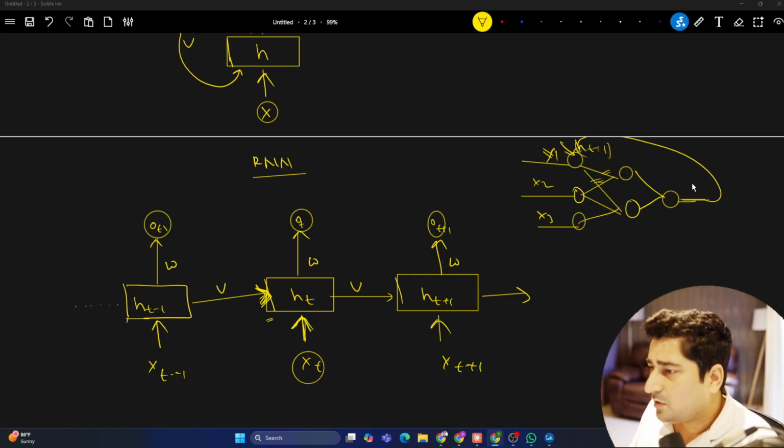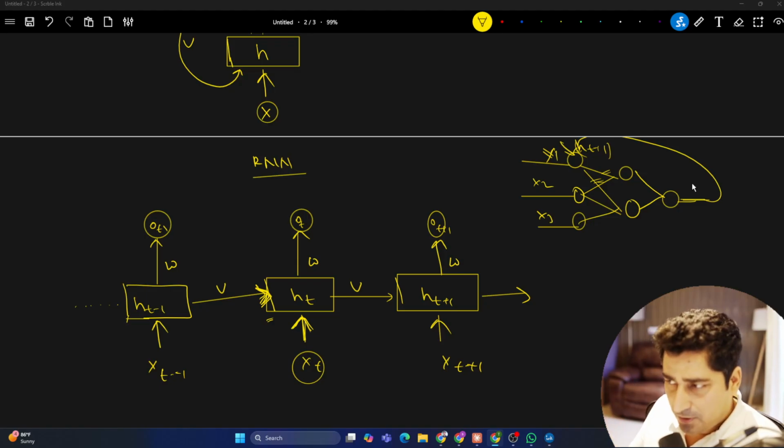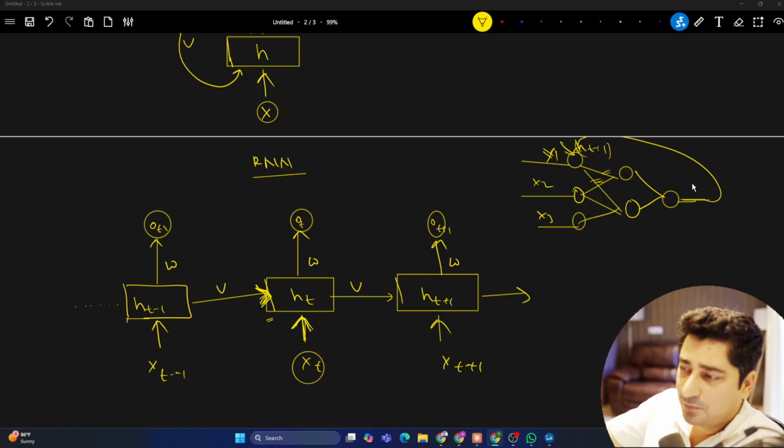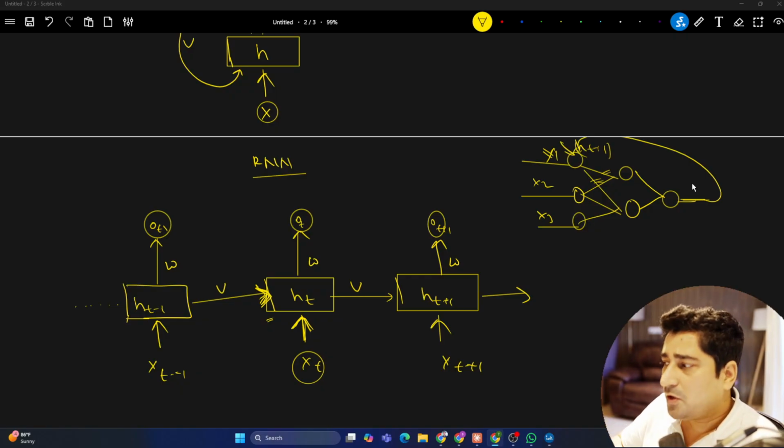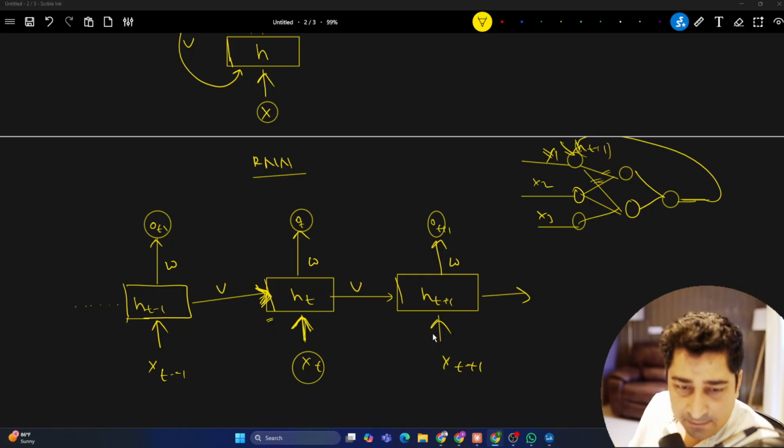But if I talk about just a vanilla RNN, our philosophy is very simple: some output, try to provide as an input when you are going to give an input for the next step. As simple as that. Hope this is making sense to all of us, guys. Yeah, everyone?